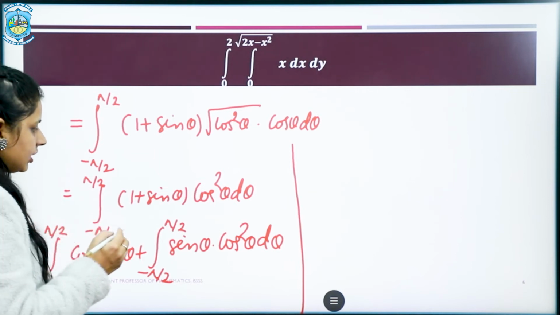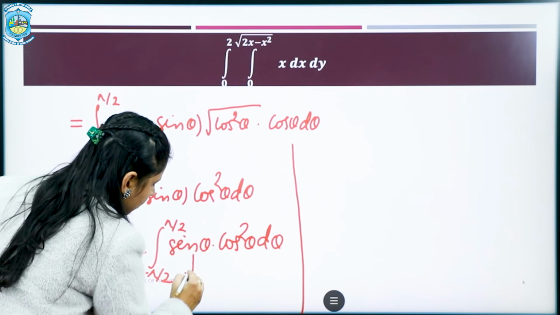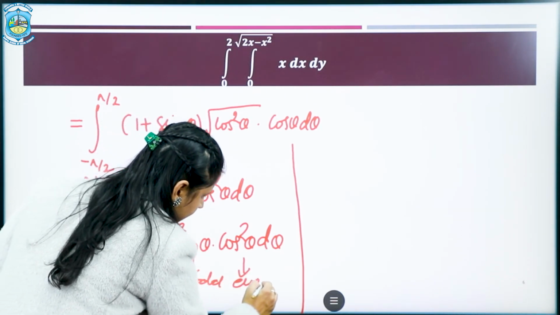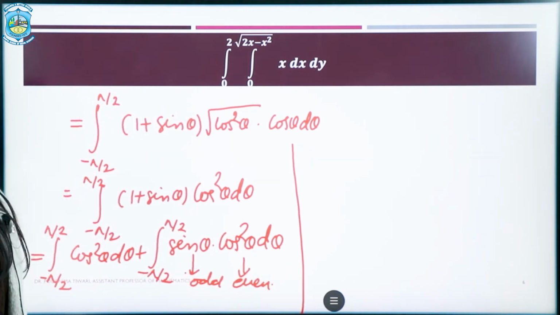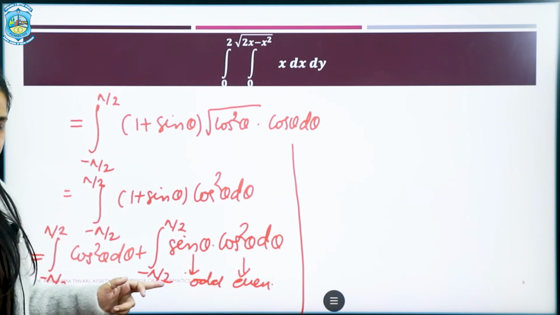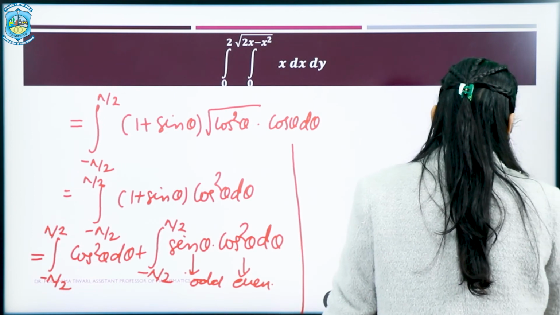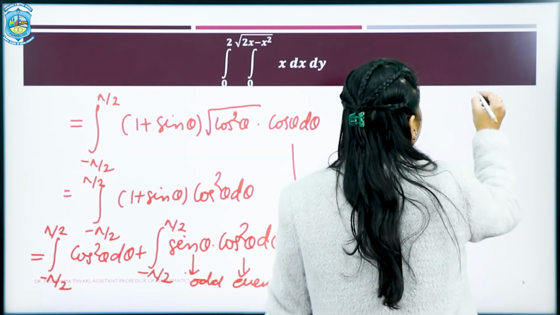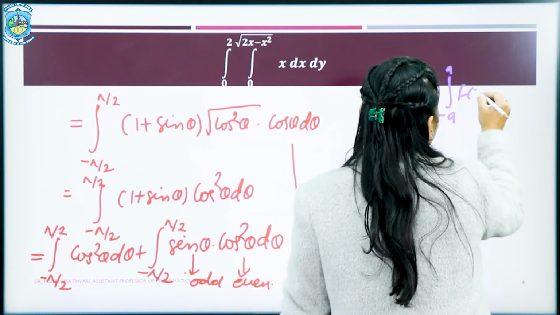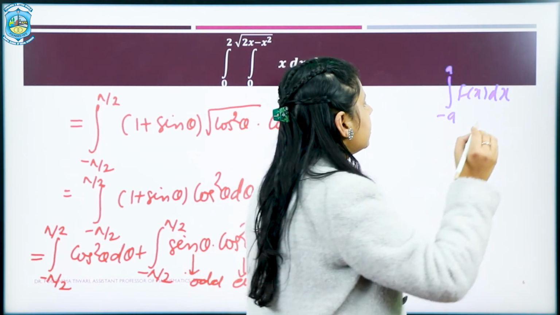Now we observe that this sin theta is odd function, this cos square theta is even function, and multiplication of one odd and even function is odd function.